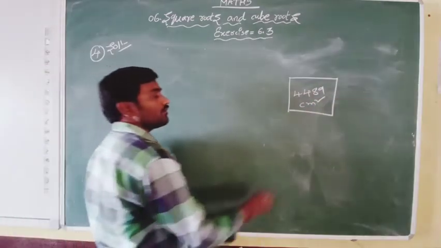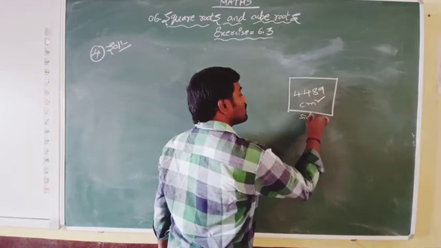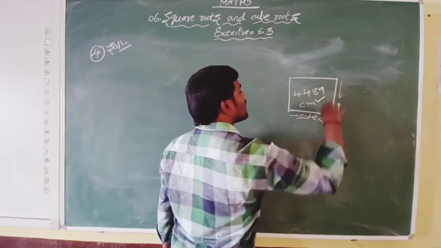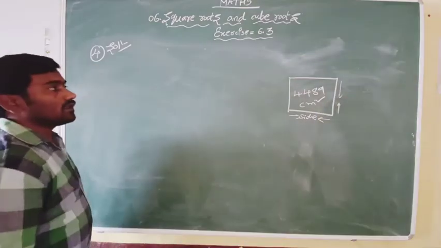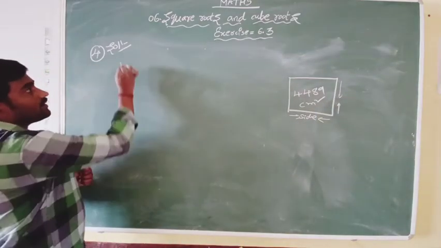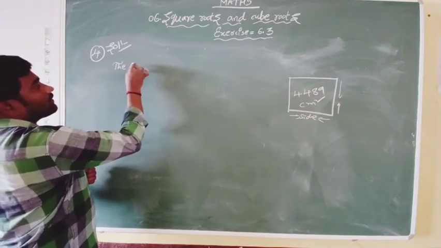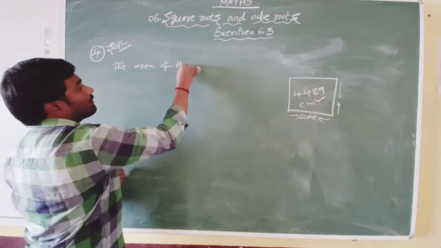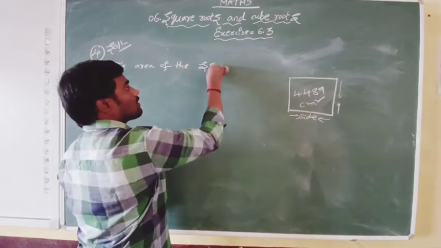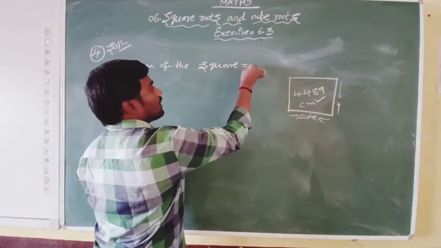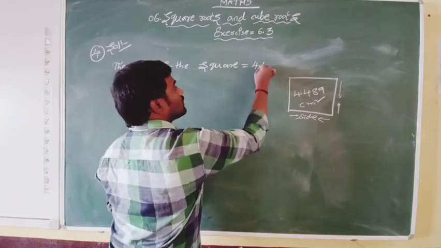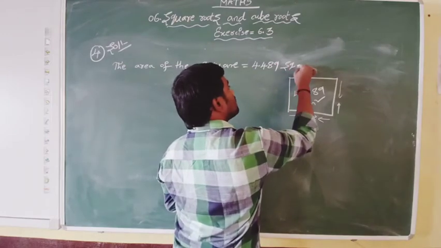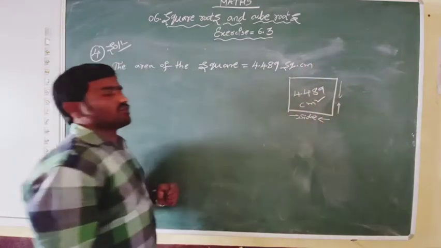We need to find out here the length of the side. We know that all the sides are equal in length. We know what is given: the area of the square equals 4489 square centimeter, however you can write.